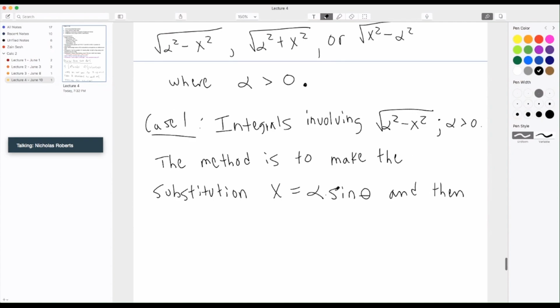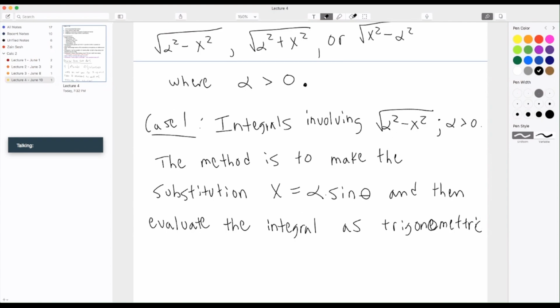Then evaluate the integral as a trigonometric integral, because we know how to do those now.